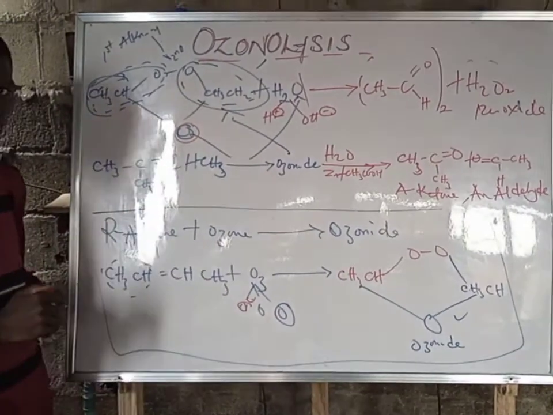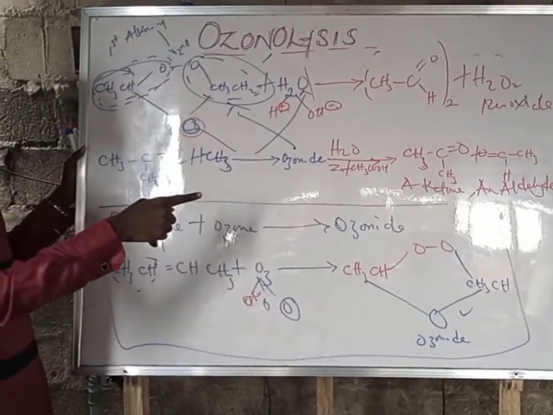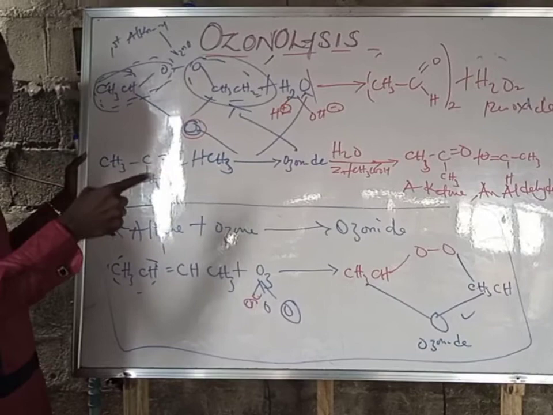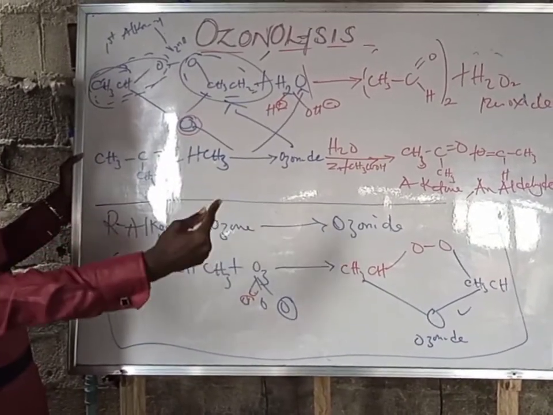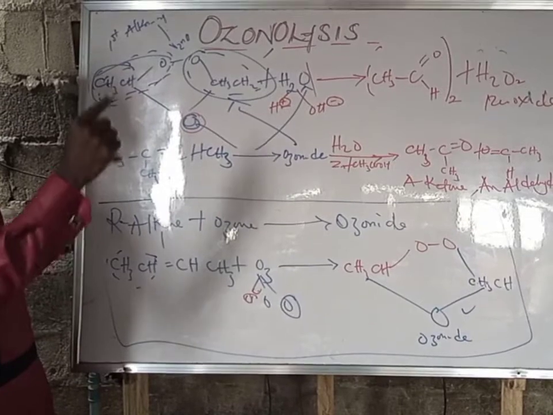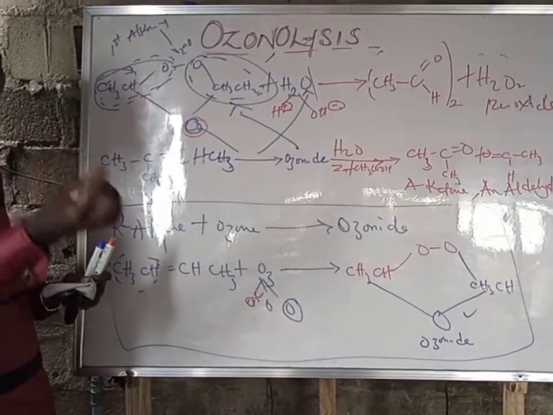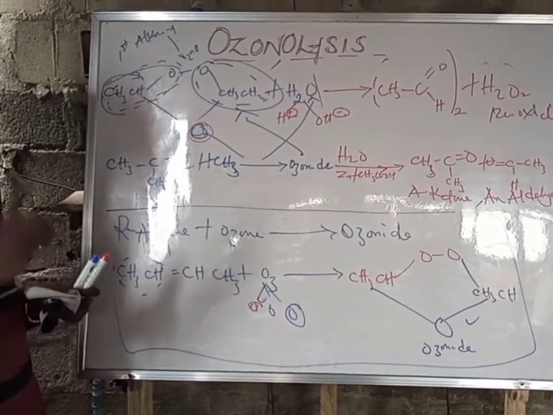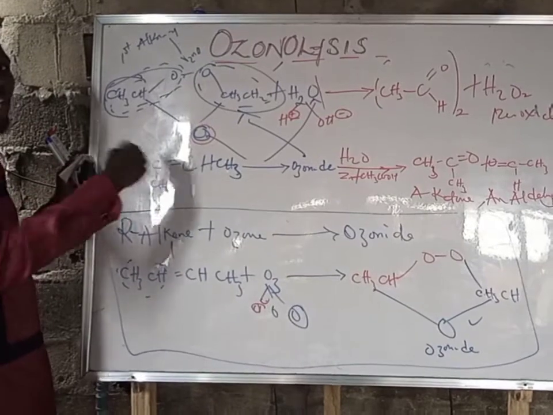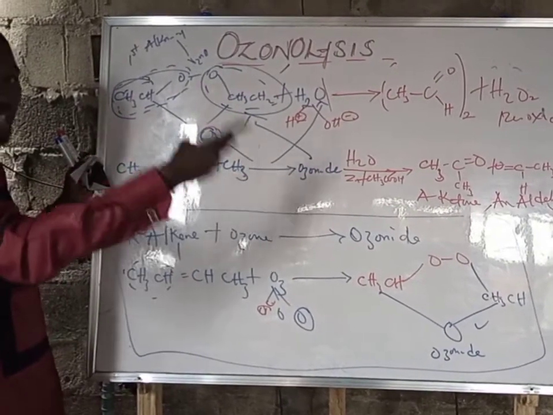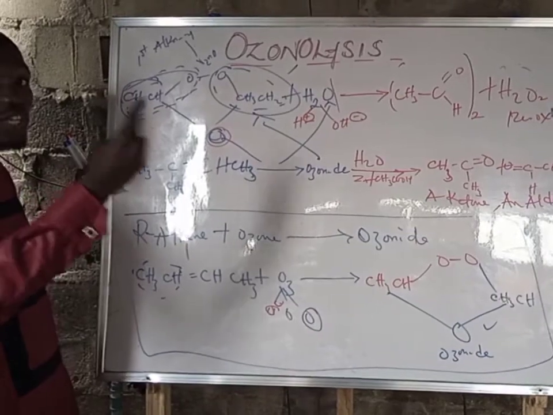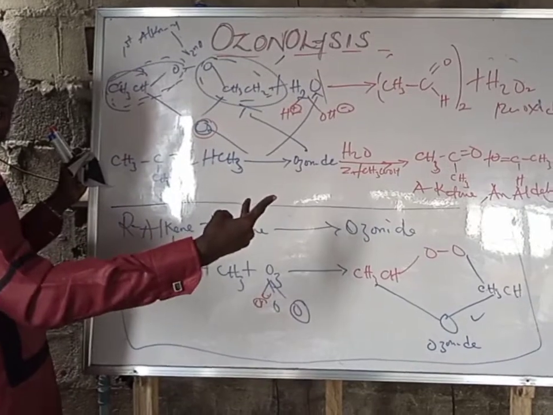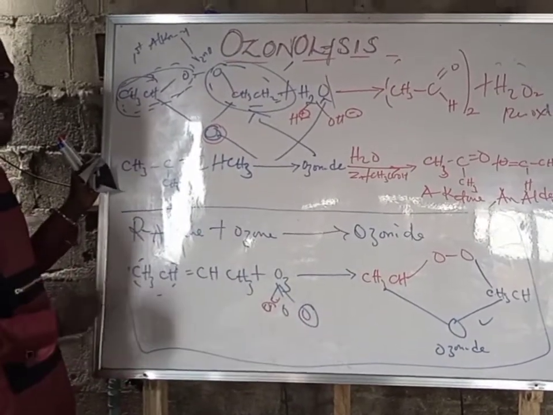And note one thing again, a ketone and aldehyde can readily be identified with their physical properties, giving us crystalline derivatives. Telling you that for every alkene, for example butene, is going to give us either two alkanal or two alkanone, that is the ketone and the aldehyde.